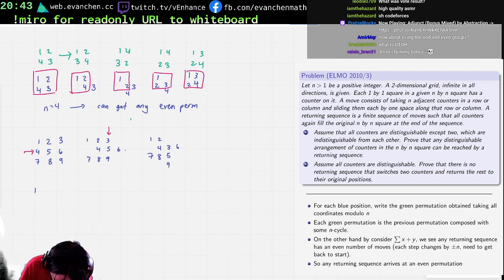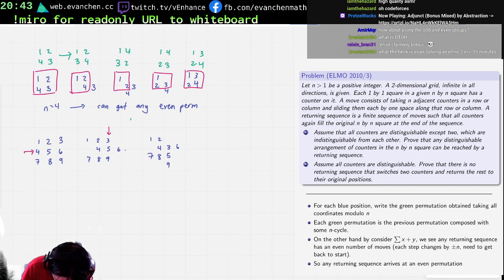So if I have, let's say I have a square. I'm just gonna draw it this way. Those numbers are not that important. You know what? Basically, I claim that I can permute any right triangle.